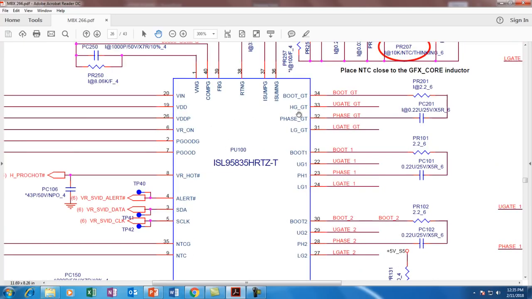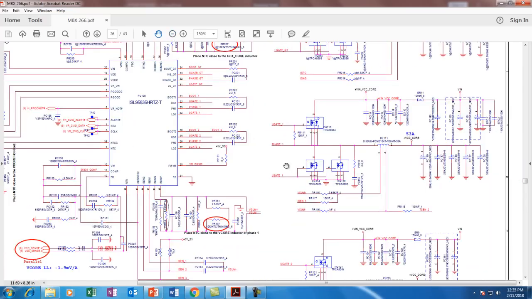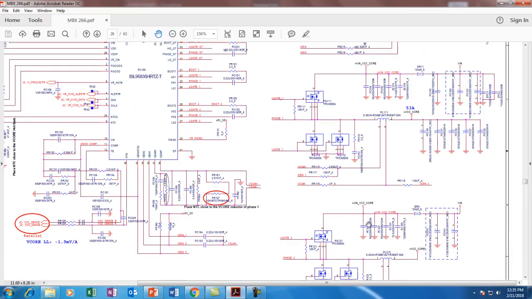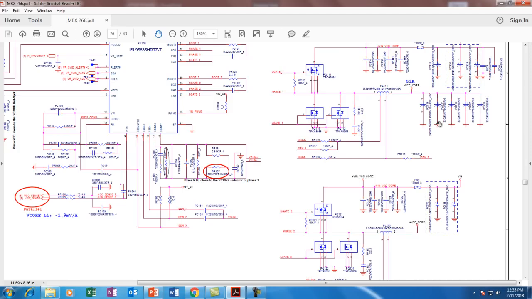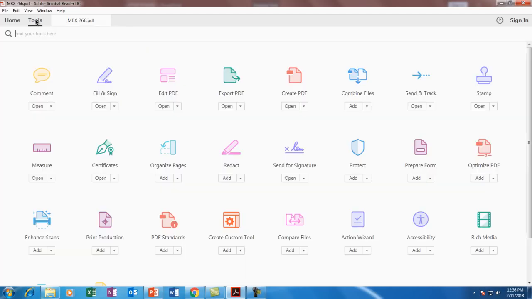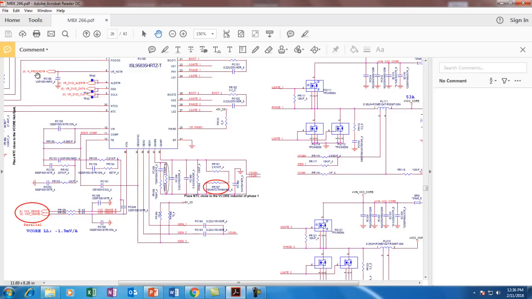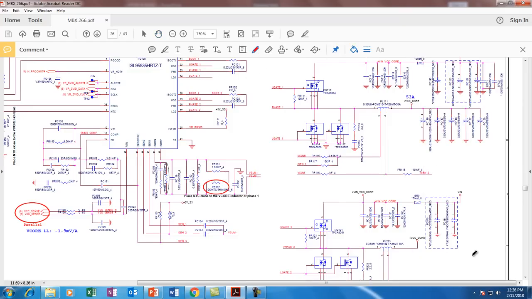So once it receives this signal, it triggers this MOSFET. This MOSFET is the CPU core voltage. This is the CPU core voltage.